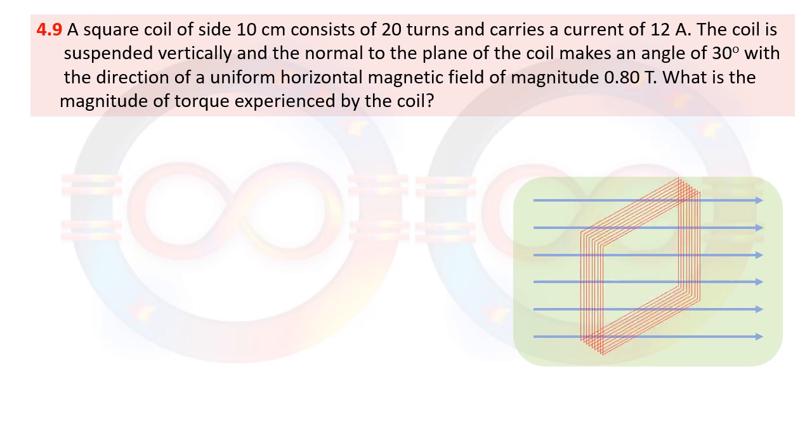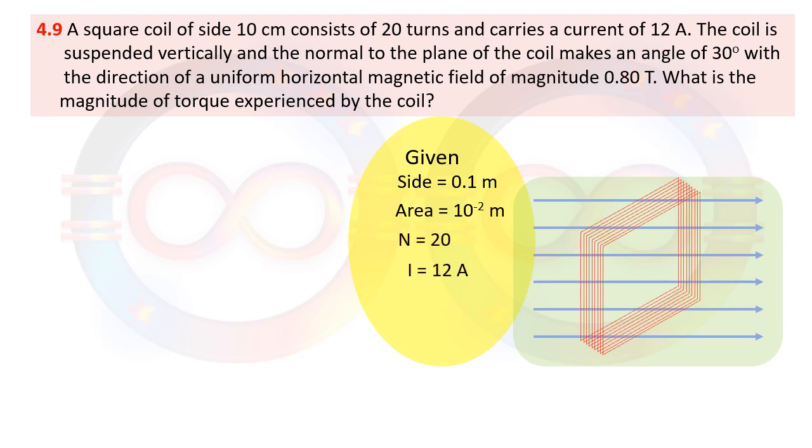So suppose this is the coil placed at angle 30 degree, and the other values which we can have here, its side is 0.1 meter, so area would be 0.01 or 10 raised to minus 2 meters square, and then n number of turns 20, I is equal to 12 ampere, angle is 30 degree, and then the magnetic field in which it is placed is 0.80 Tesla.